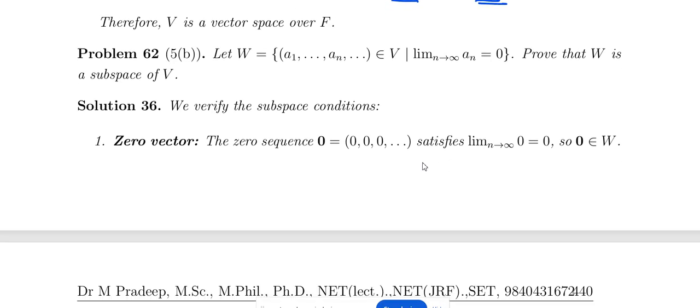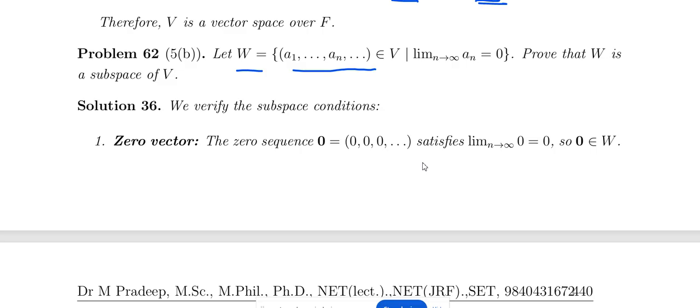For this vector space, define W like this: the collection of sequences belonging to V with limit n tends to infinity of A n equal to 0. I thought this was a CSIR NET problem, but it belongs to the Estin book.